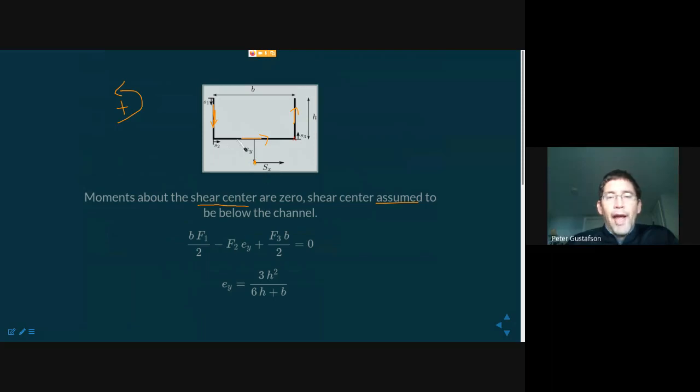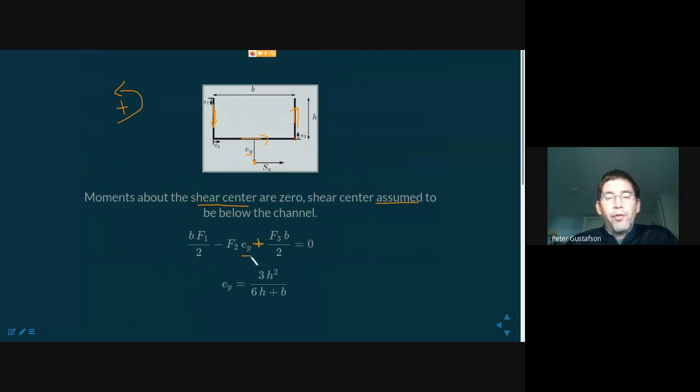F2 actually tends to create a clockwise moment, so that's going to be negative. So minus F2 times its moment arm, which we're assuming is EY. And then F3, again, produces a counterclockwise contribution, so it's positive. So plus F3 times B over 2. So the sum of all three of those has to be equal to 0.